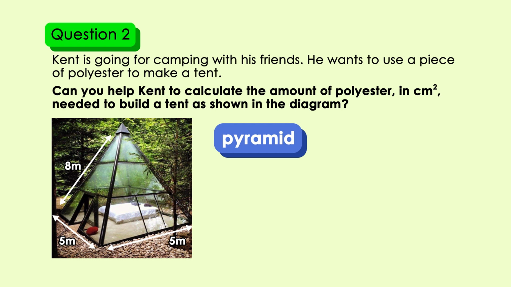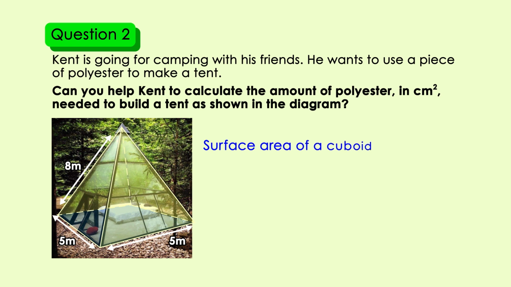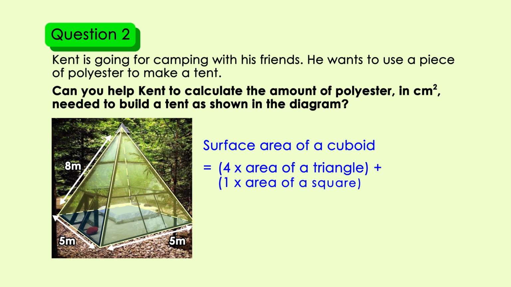We can see that this pyramid is made up of 4 triangles and 1 square. Therefore, the surface area of the pyramid is 4 multiplied by the area of a triangle and add 1 multiplied by the area of a square.